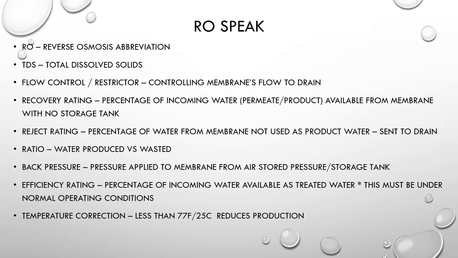We need to adjust our expectations when we use these systems on colder water, such as here in Canada. For example, a 50 gallon per day membrane will produce 44 gallons per day on 21.1 degrees Celsius water. That same membrane on 10 degrees Celsius water will only produce 29 gallons per day.